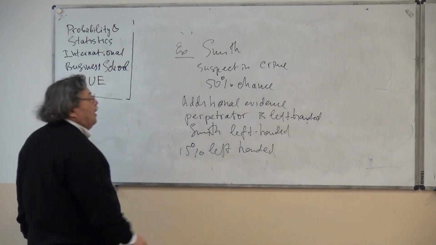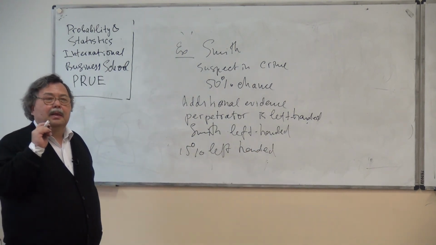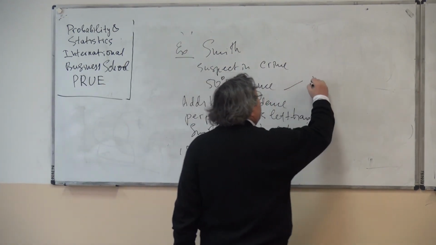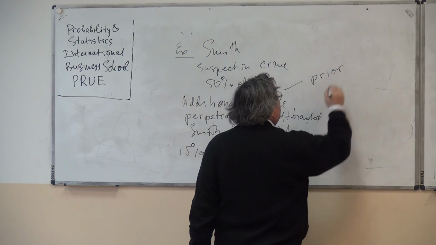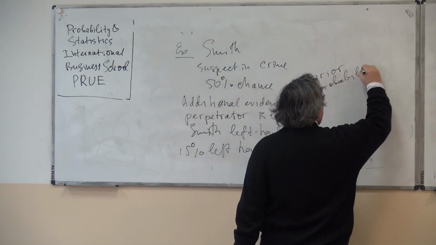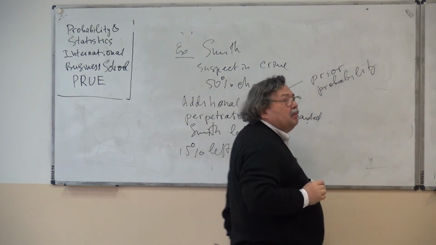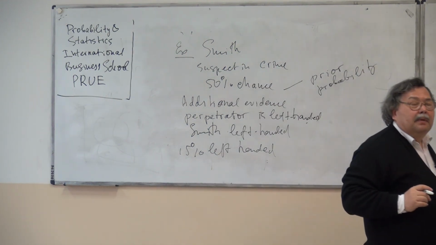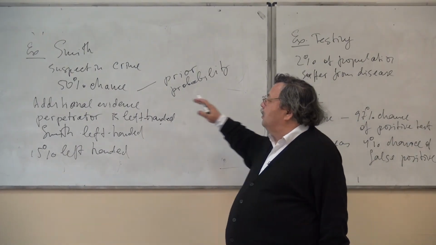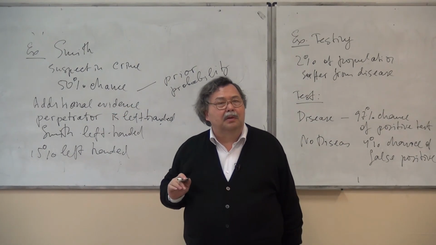Now, let me add some terminology here. This is called the prior probability. This is the probability that we have at the beginning of this story, before we receive this additional piece of information.